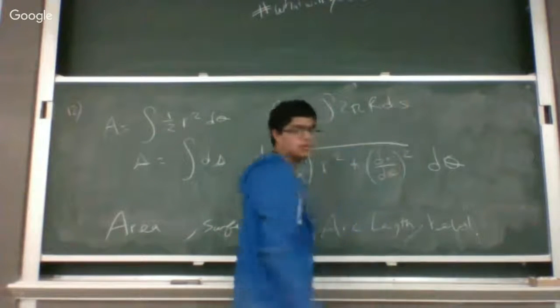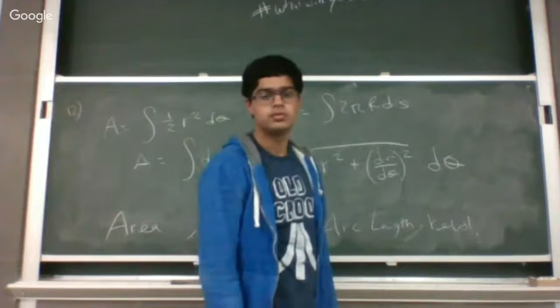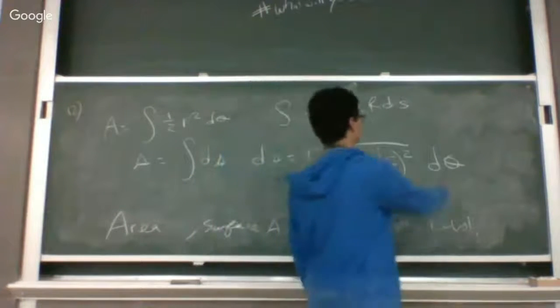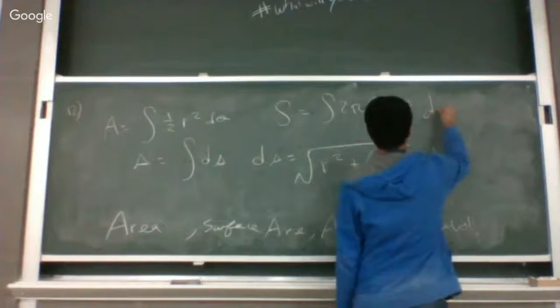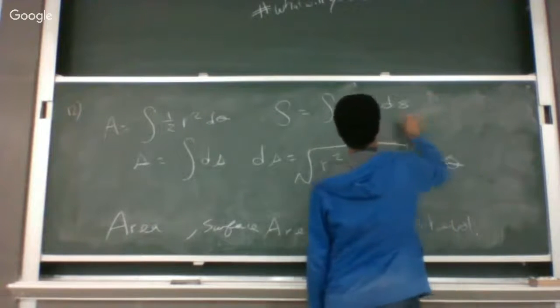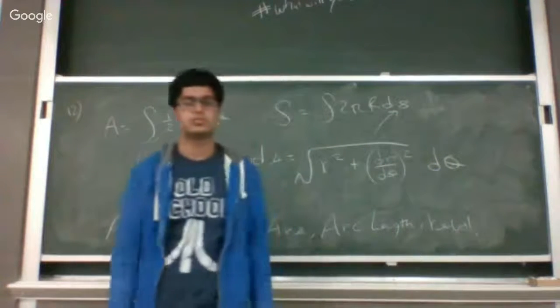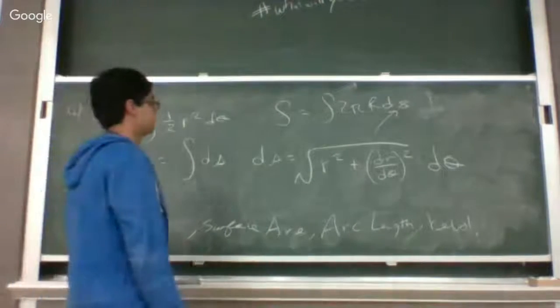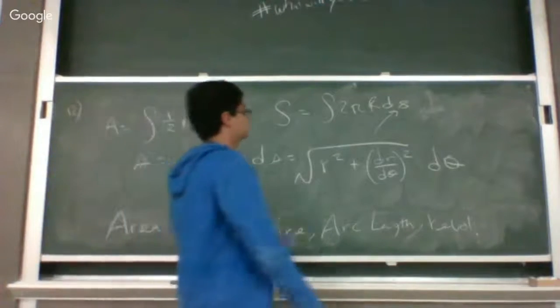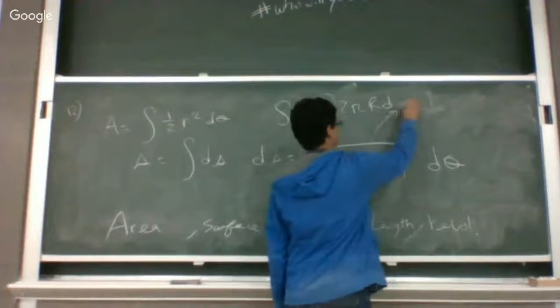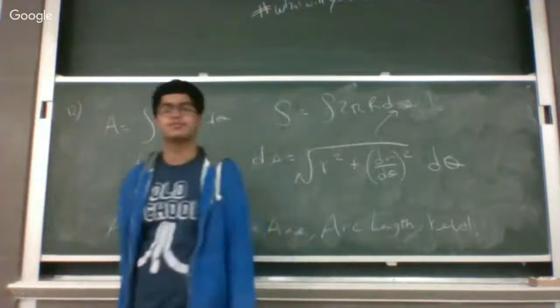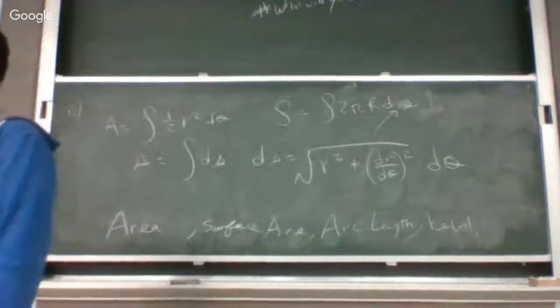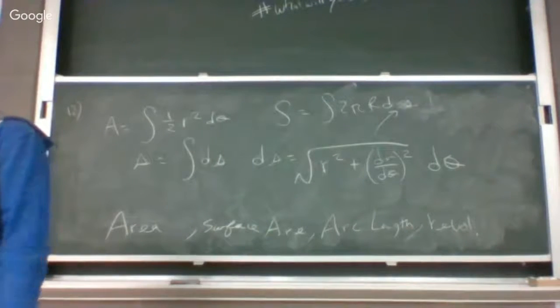Surface area of revolution is like making a 3D object. Okay, the surface area and area of revolution, yeah. Are you guys good? Yeah. Okay. 2 pi r, yes.